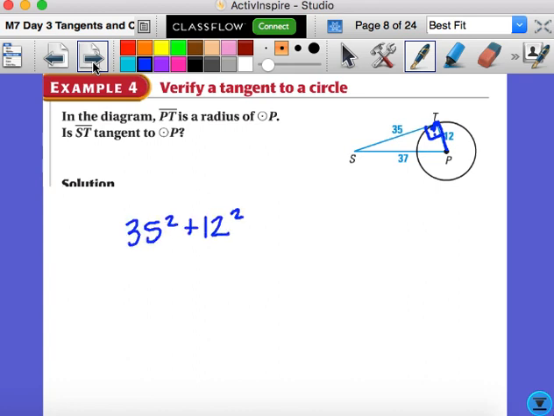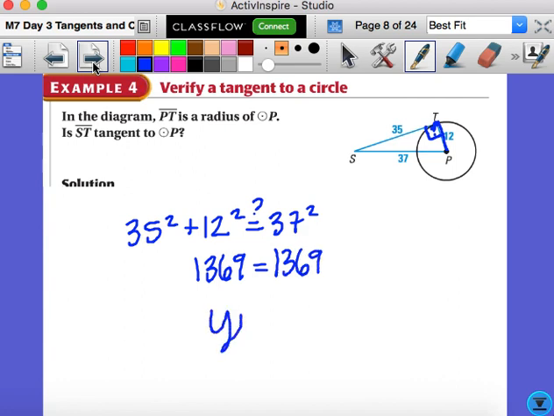So is 35 squared plus 12 squared truly equal to 37 squared? I'm going to test that in my calculator. 35 squared plus 12 squared is 1,369. 37 squared is the same. So yes, this is a tangent line.